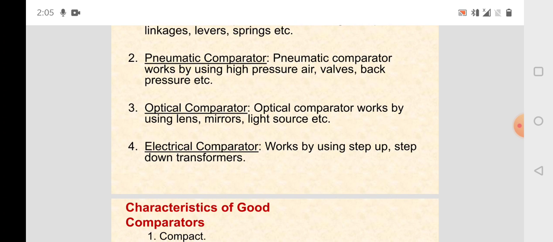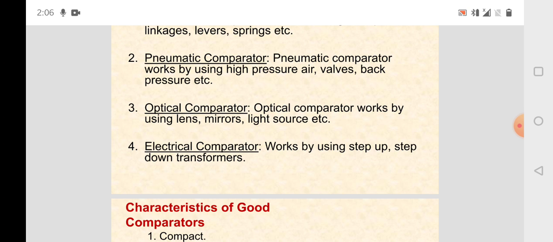That is the disadvantage, that external energy or agency is required, that is the electrical power supply. Then if we are continuously using that, it may heat the coils in the measuring unit, and they are more expensive as compared to the mechanical comparators. So these are the disadvantages of electrical comparator.